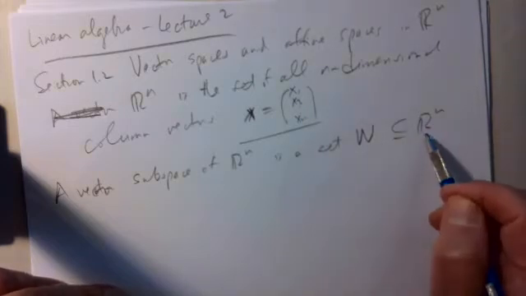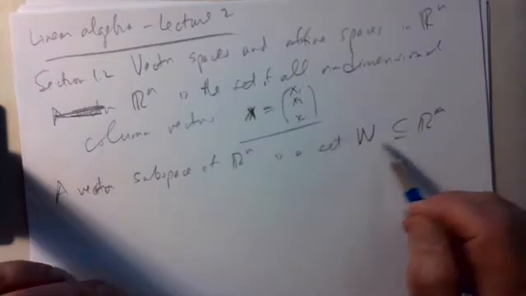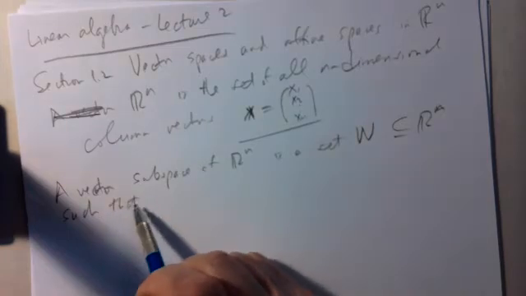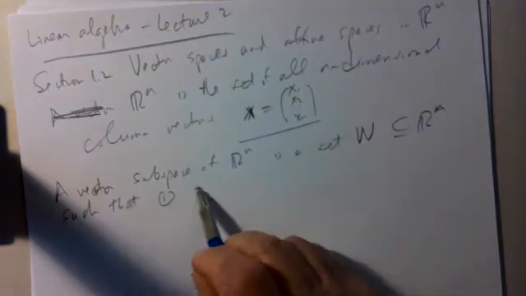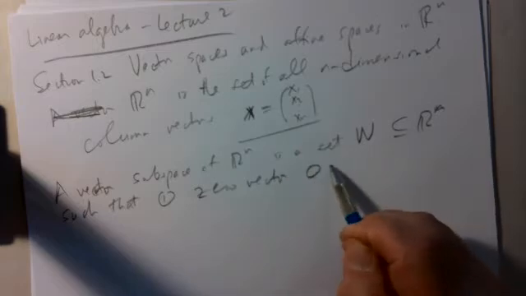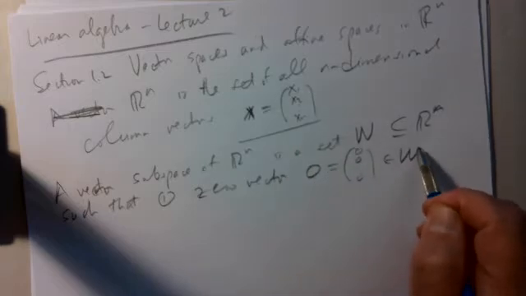So this means this is a subset. Everything in W is a set of vectors, which has three conditions satisfied. First of all, the zero vector, that's the vector where all the coordinates are zero, is in W.